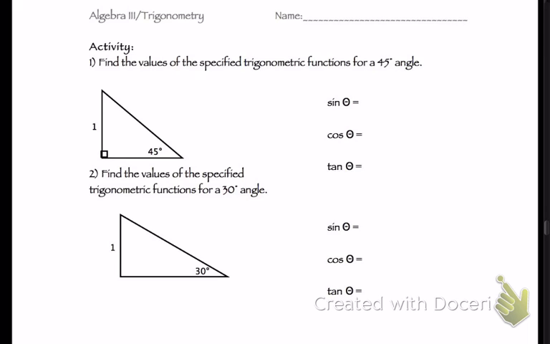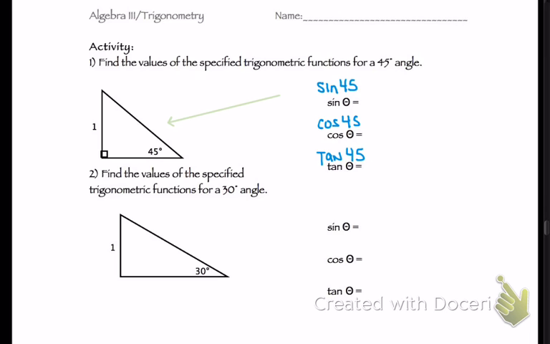The activity. I want you to find the values of the specified trigonometric functions for a 45-degree angle. So what I'm going to ask you to do is basically find, okay, what is the sine of 45 degrees? What is the cosine of 45 degrees? What is the tangent of 45 degrees? In order to do that, you have to remember your 45, 45, 90 degree rules.